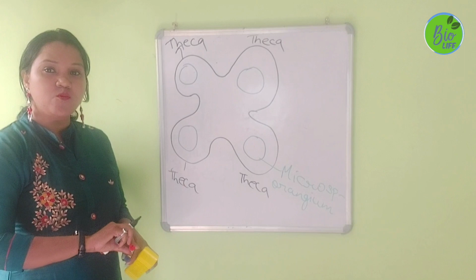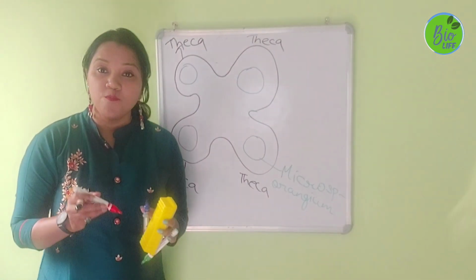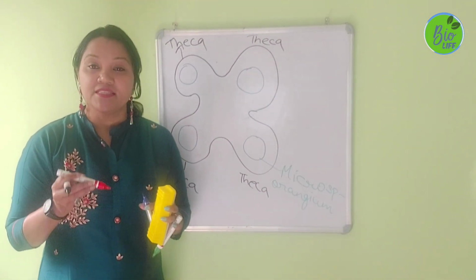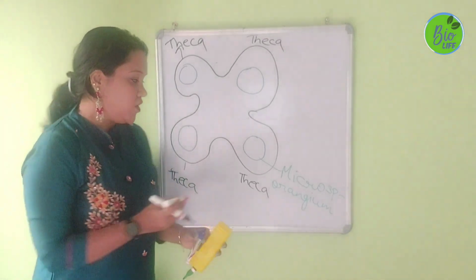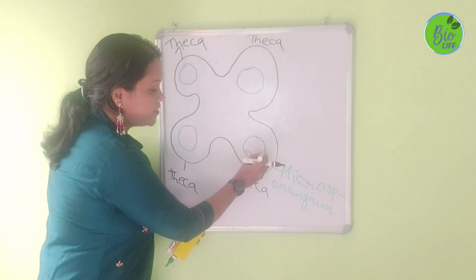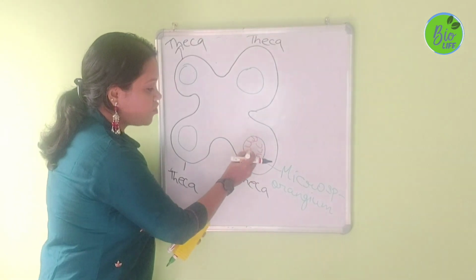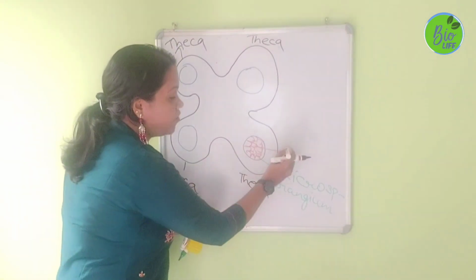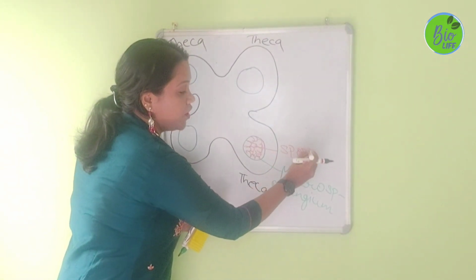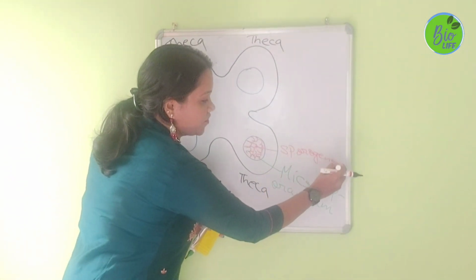Inside that microsporangium, a group of cells are present that is called sporogenous tissue. About this sporogenous tissue, we will read later on.